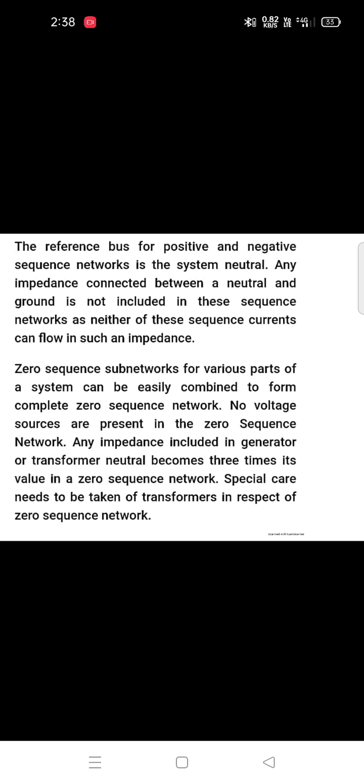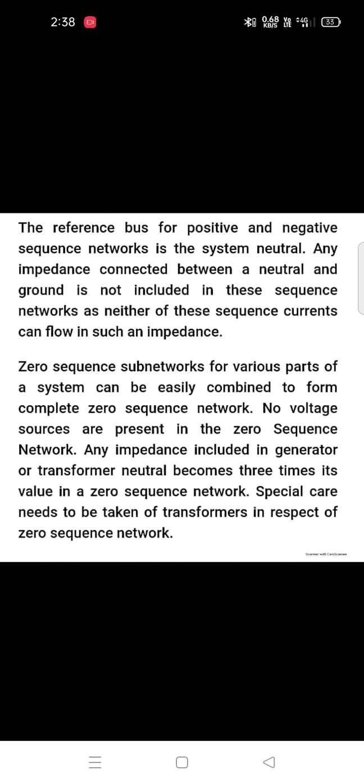Zero sequence subnetworks for various parts of a system can be easily combined to form the complete zero sequence network. No voltage sources are present in the zero sequence network. Any impedance included in a generator or transformer neutral becomes 3 times its value in the zero sequence network.